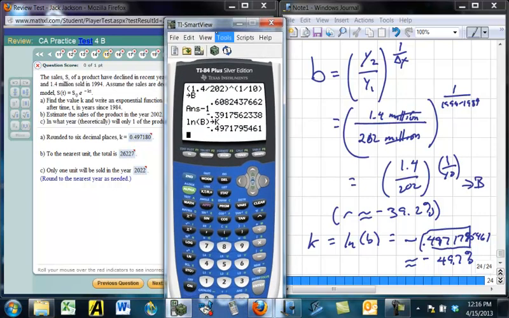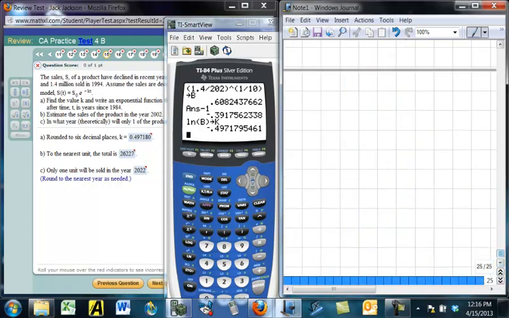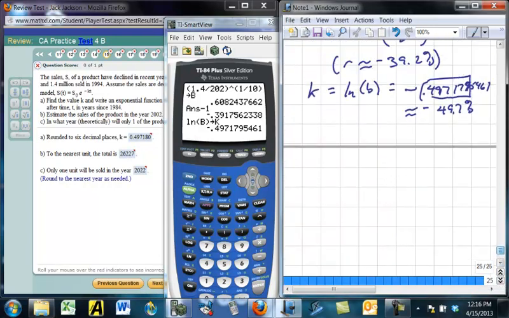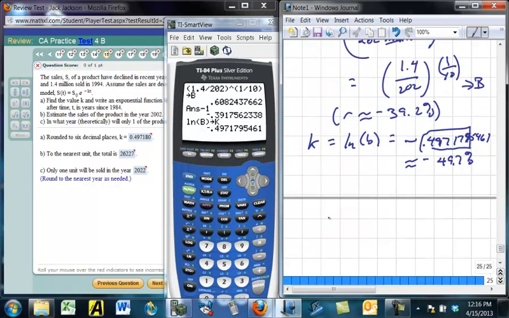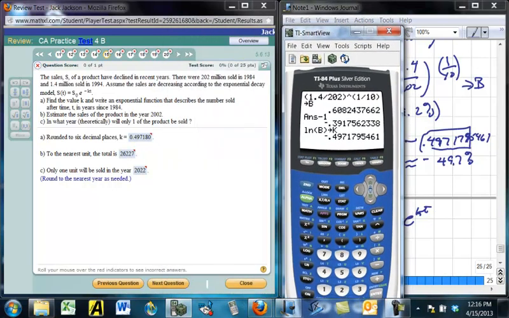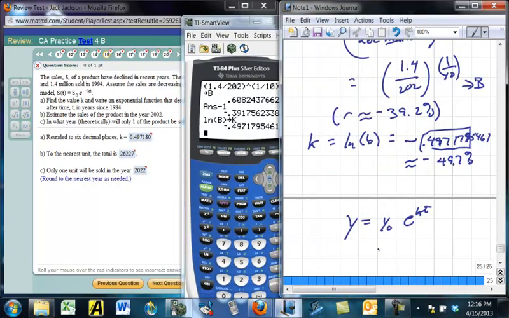Okay. So we could do it a couple of different ways. We could do y equals y sub 0 e to the kt. If t is the number of years since 1984, then this is 202.